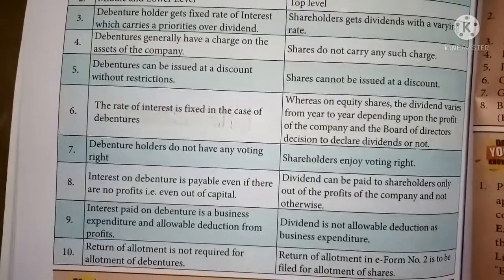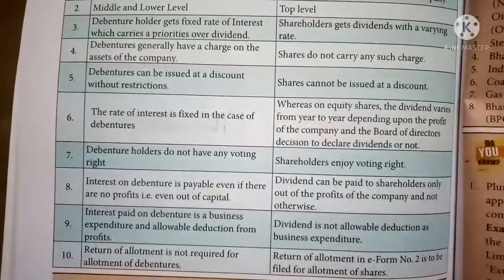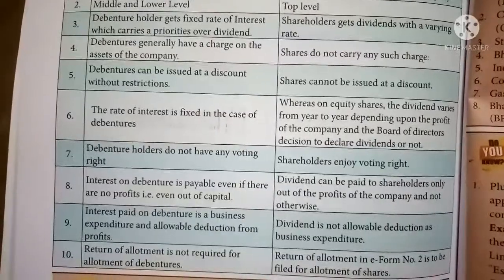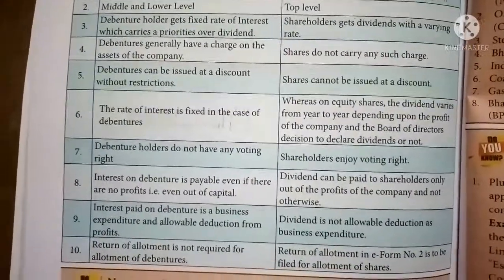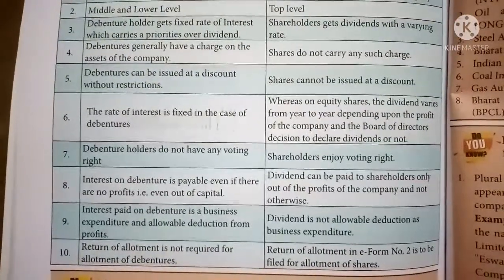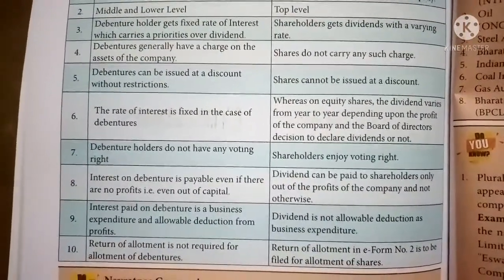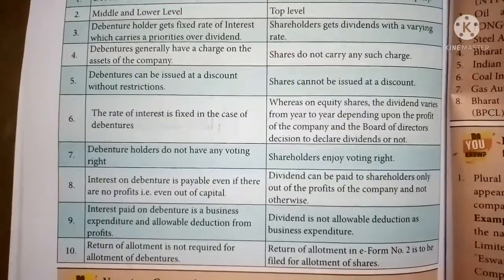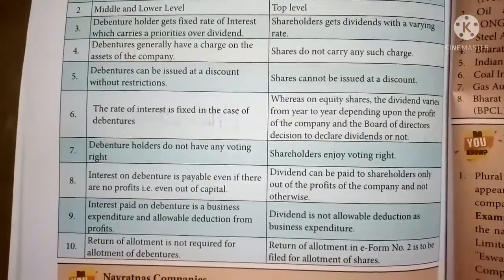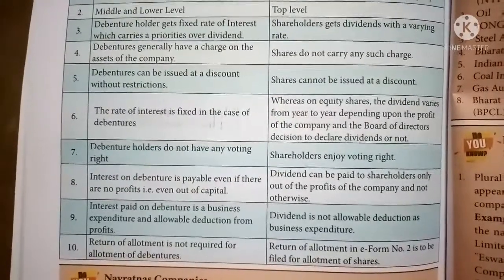But in the case of share, dividend will be paid only if the company earns sufficient profit. Interest paid on debenture is a business expenditure and will be allowed as a deduction from profit. But in the case of a share, dividend is not an allowable deduction.